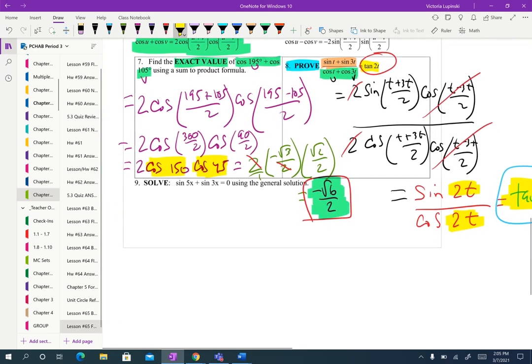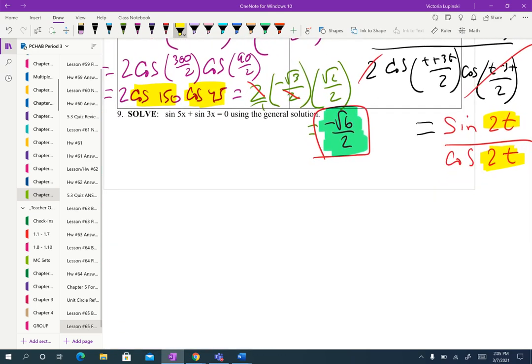And finally here, you're going to go ahead and solve the sine of 5x plus the sine of 3x equal to 0. And they're asking you to do so with the general solution. So the last piece of the puzzle is to solve an equation. As we go to solve this equation, hopefully you would realize that the sine of something plus the sine of something, you can convert to a product.